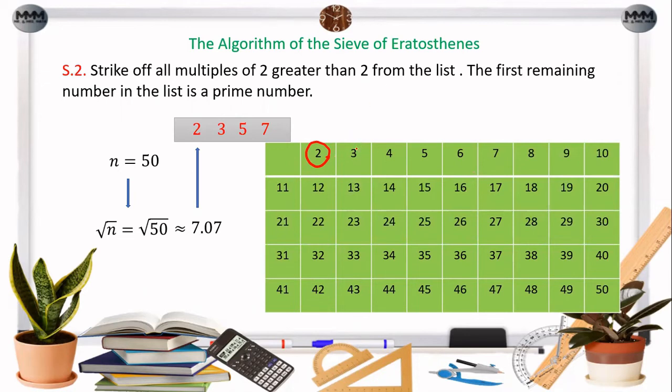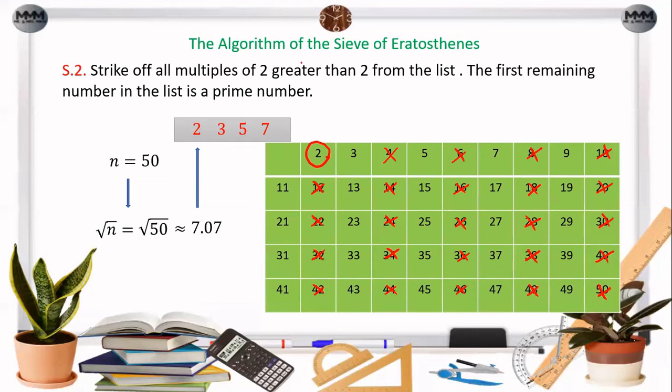So we cross out the multiples of 2: 4, 6, 8, 10, 12, 14, 16, 18, 20, 22, 24, 26, 28, 30, 32, 34, 36, 38, 40, 42, 44, 46, 48, and 50.